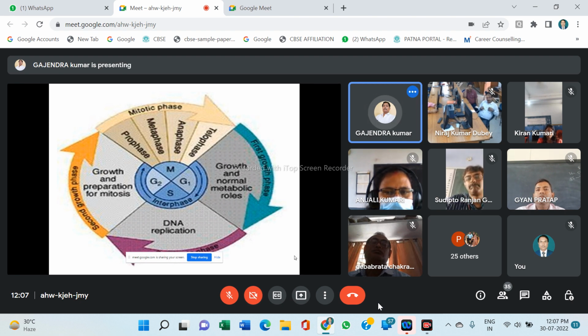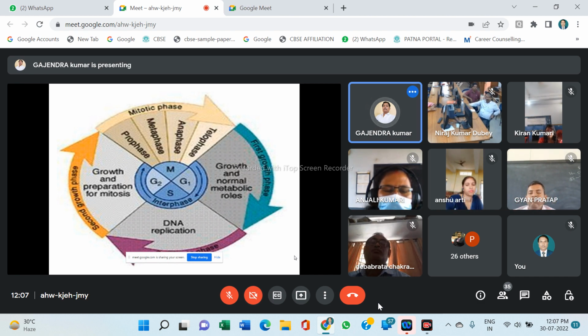Mitotic cell division has different phases, subphases, that is interphase, prophase, metaphase, anaphase and telophase. We can find that the interphase was previously regarded as the resting phase, but it's not like that.